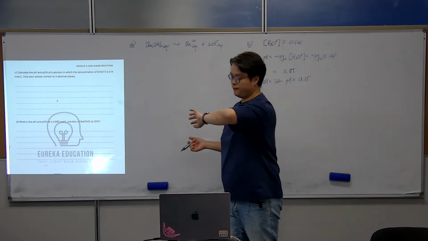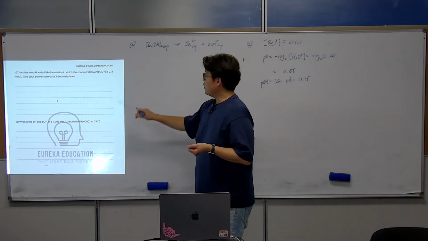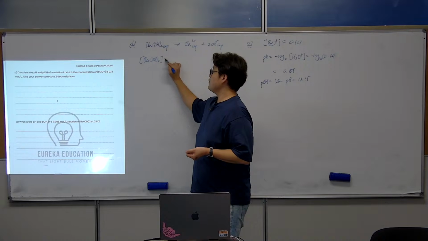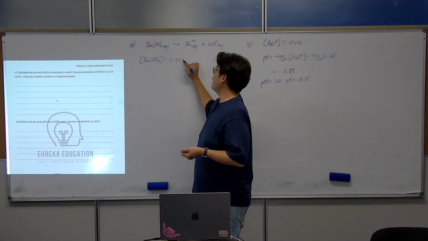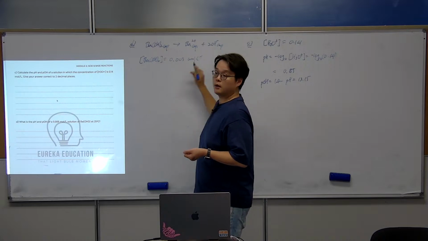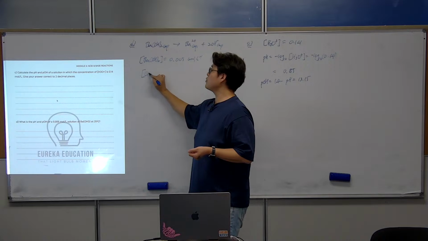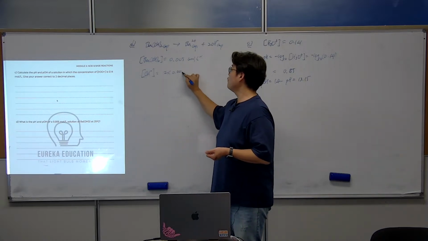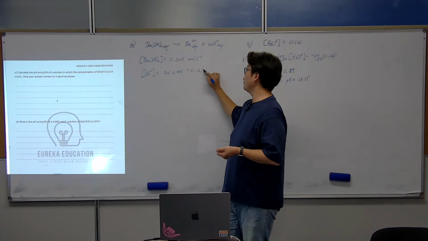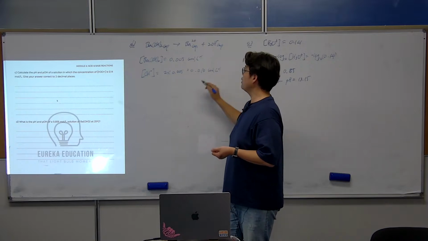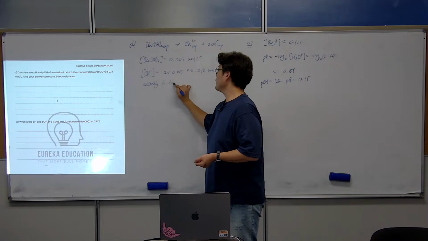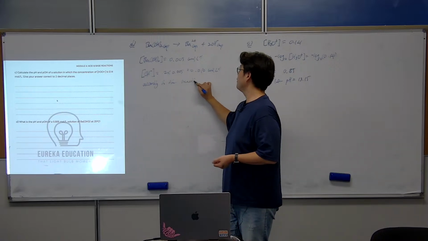This means if the concentration of barium hydroxide is given as 0.005 mole per liter, then the concentration of hydroxide is twice that. 2 times 0.005 is 0.010 mole per liter according to the reaction ratio.